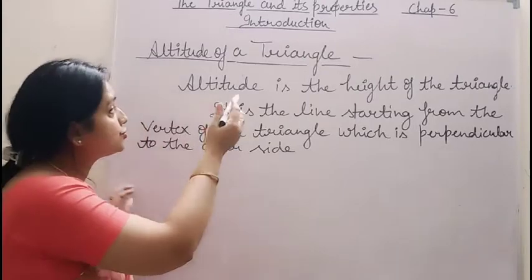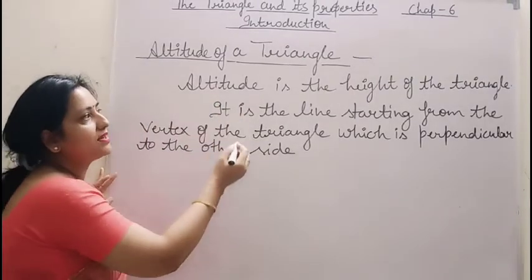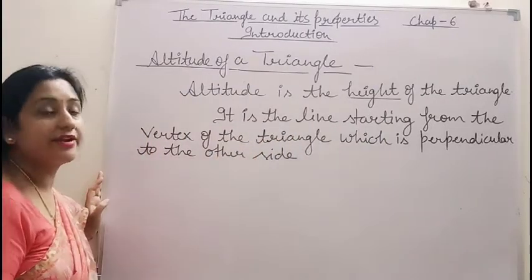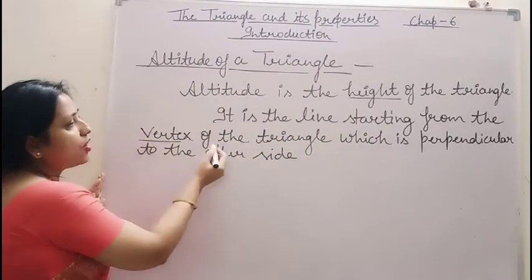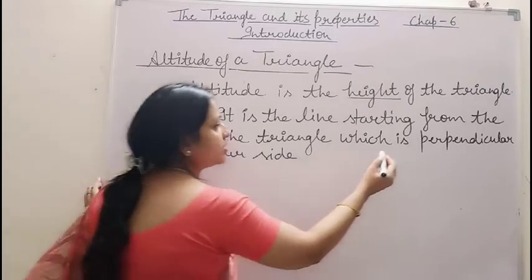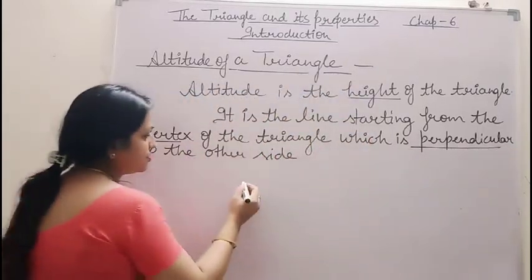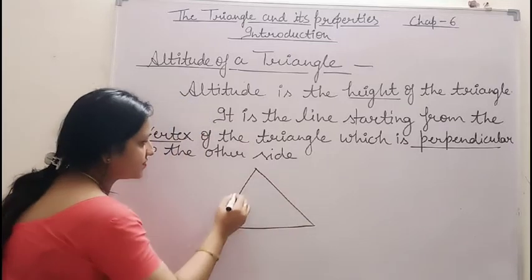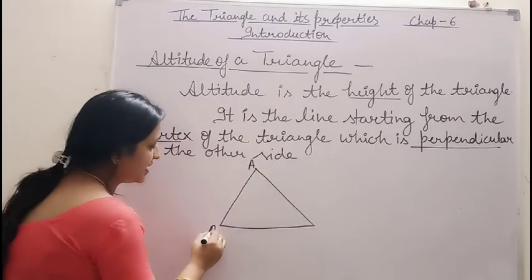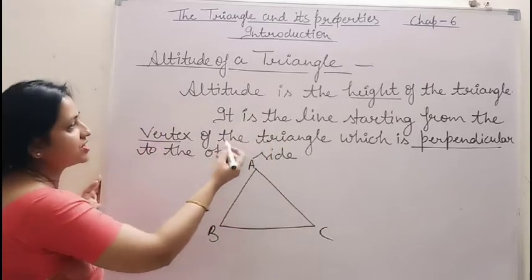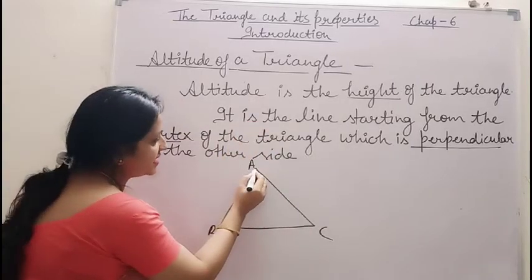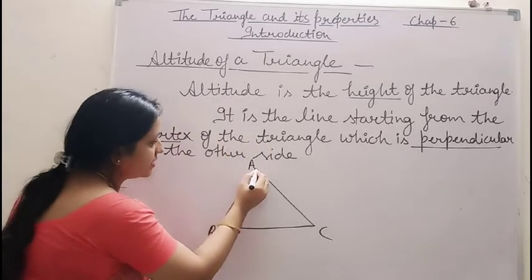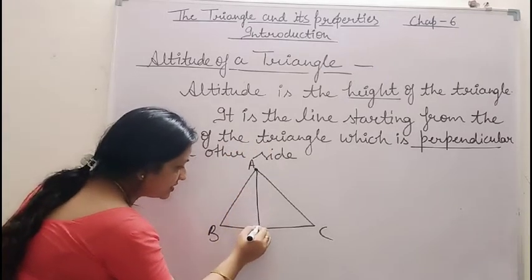Next is the altitude of a triangle. Altitude is the height of a triangle. It is the line starting from the vertex of the triangle which is perpendicular to the other side. Suppose we draw the figure. In this figure, give them the names A, B and C. According to the definition, it is a line starting from the vertex of the triangle which is perpendicular to the other side.